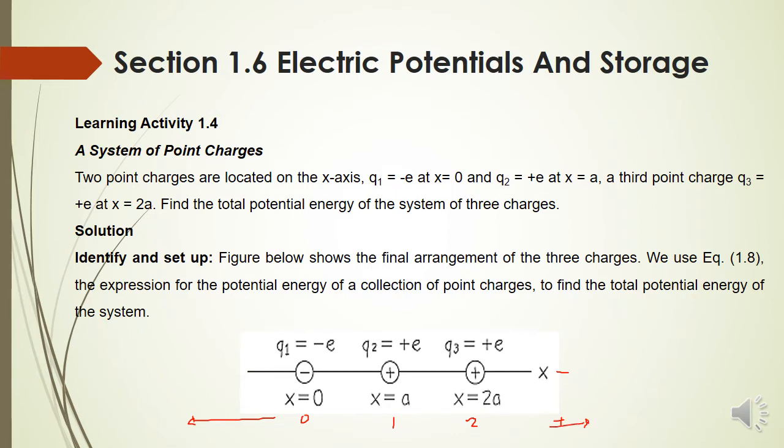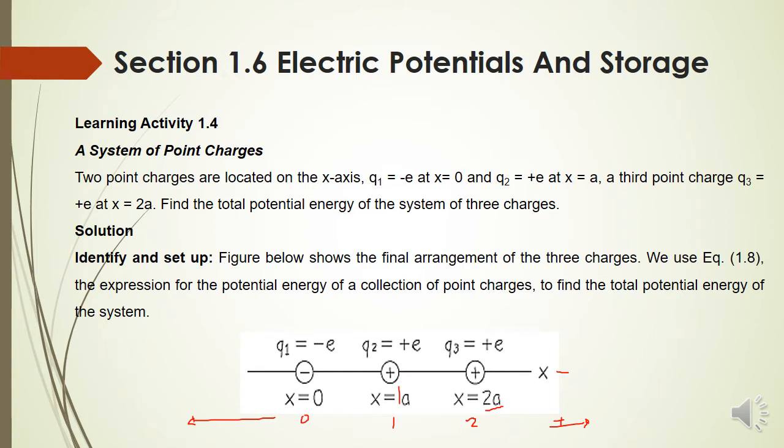So from the problem, Q1 is located at x equals 0 with its charge negative e, and Q2 located at x equals a, or 1a, is positive e, and the third point charge Q3 located at x equals 2a is positive e.